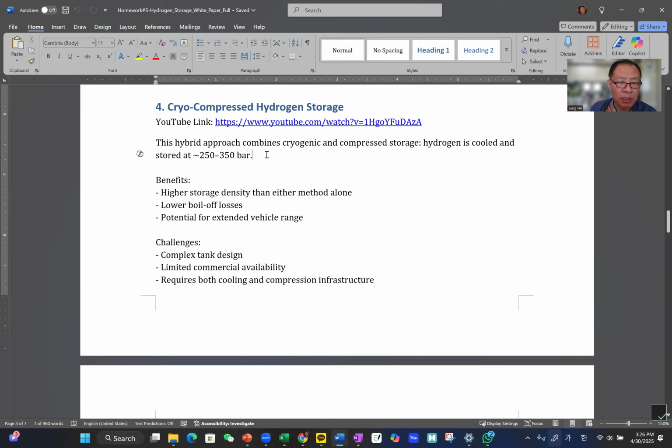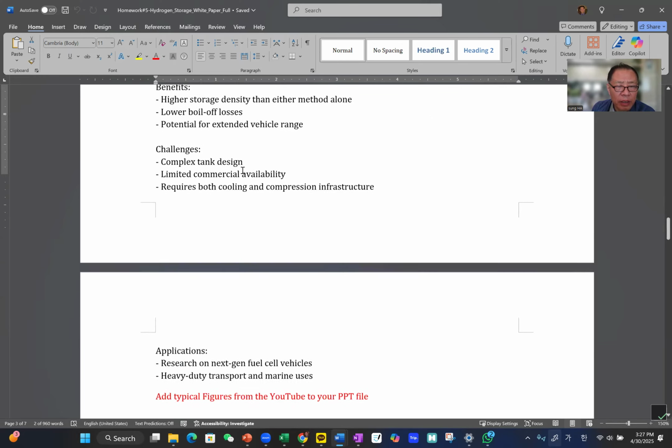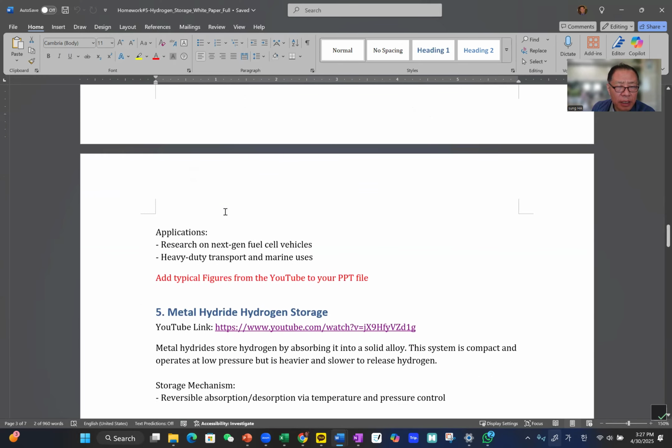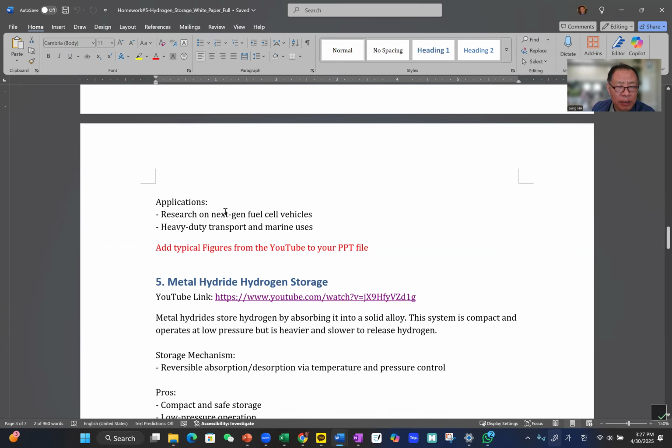Rather than 700 bar, we can keep the pressure at 200 to 350. And also hydrogen is cooled. How cool? The temperature will be about minus 200, and the pressure can be a little bit lower than 700. So then the density is much higher than the others.